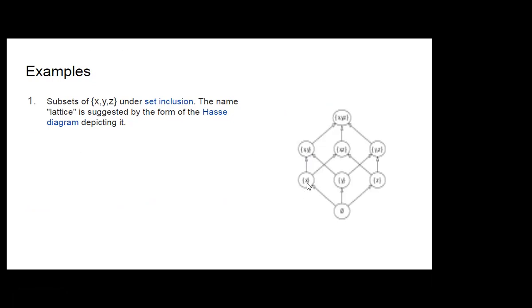Then the combination of X and Z will be this set, XZ. And what about these two? Y and Z will make the pair YZ. Okay, it is the mechanism, we can say, of the Hasse diagram.